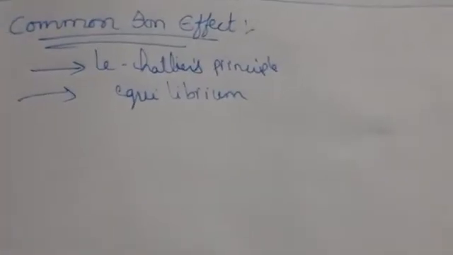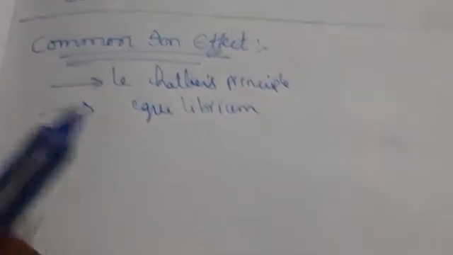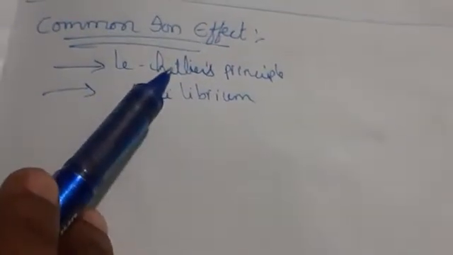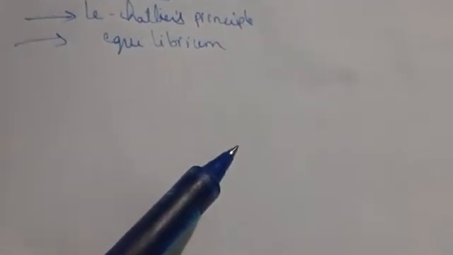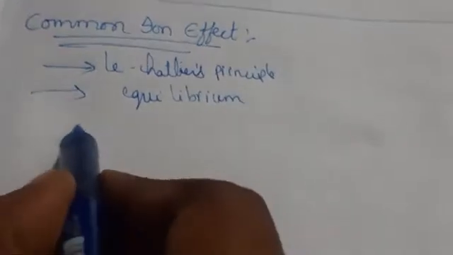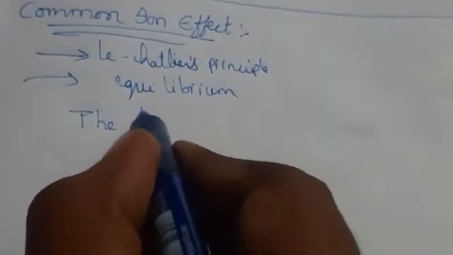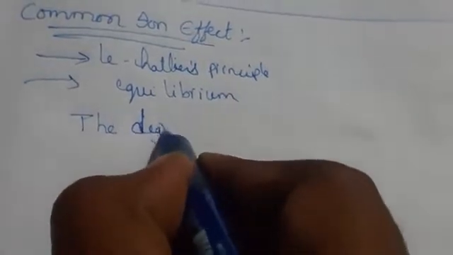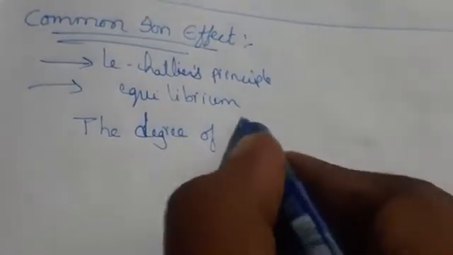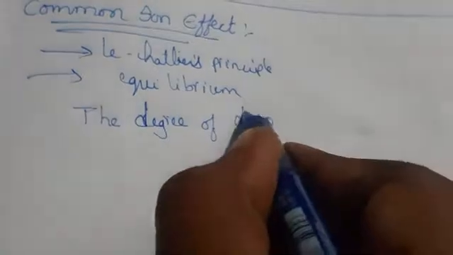Now let us see what the common ion effect is. It mainly depends upon the degree of dissociation or degree of ionization, which is indicated by alpha.